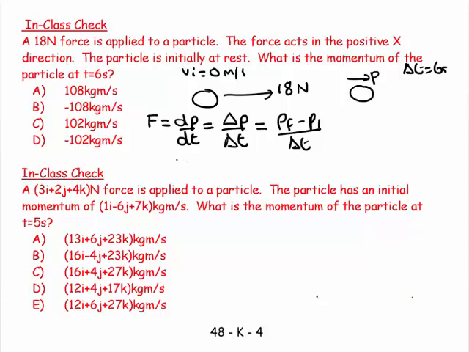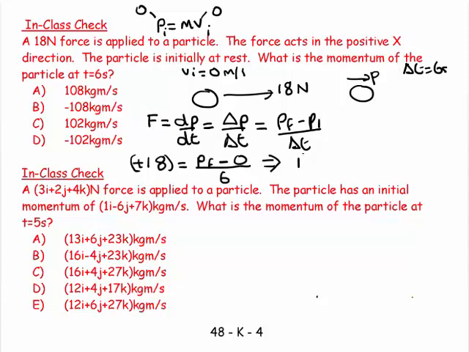So I can say 18 positive is equal to p final minus, let's look, yes, p is equal to mv. If the initial velocity equals 0, the initial momentum equals 0. So my initial momentum is 0. It's never mentioned, but it's clear from the visualization, over my time interval, which is 6 seconds.